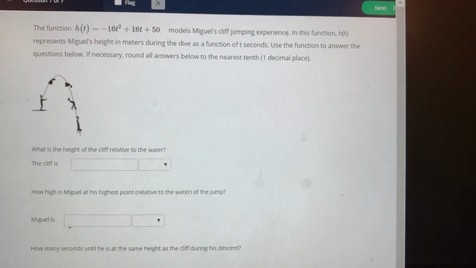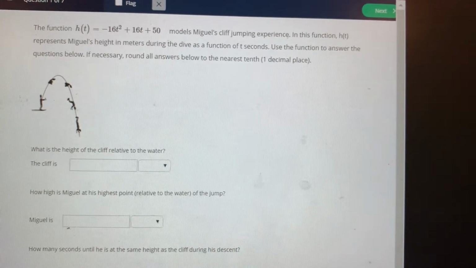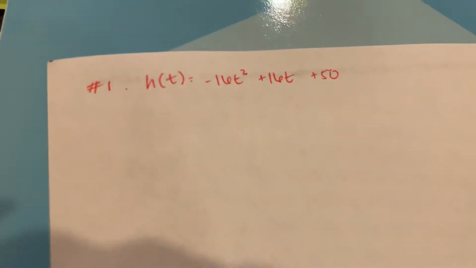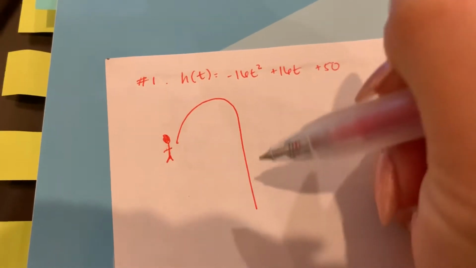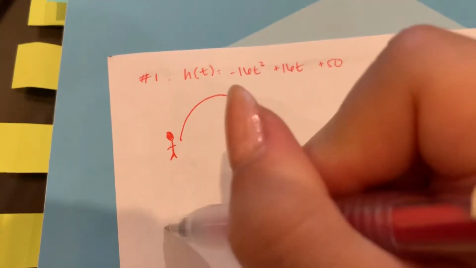So right now it says, what is the height of the cliff relative to the water? So I'm going to write down the problem right over here. It always helps for you to draw a picture if you're not sure what's going on. So here is a person that is jumping off the cliff, goes down to the water.